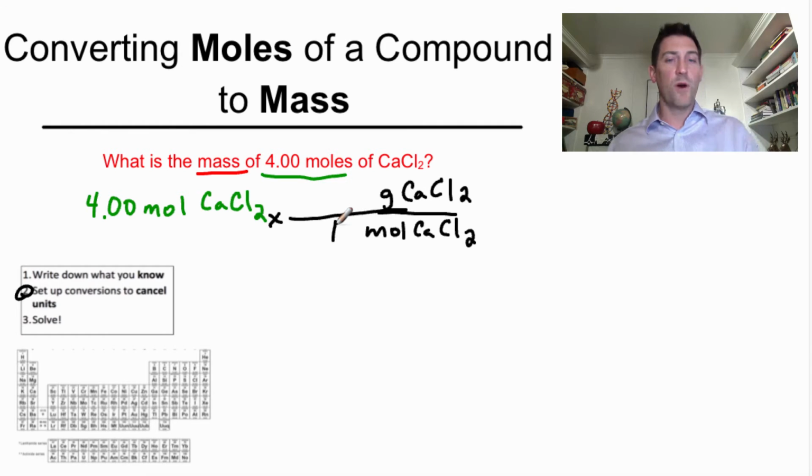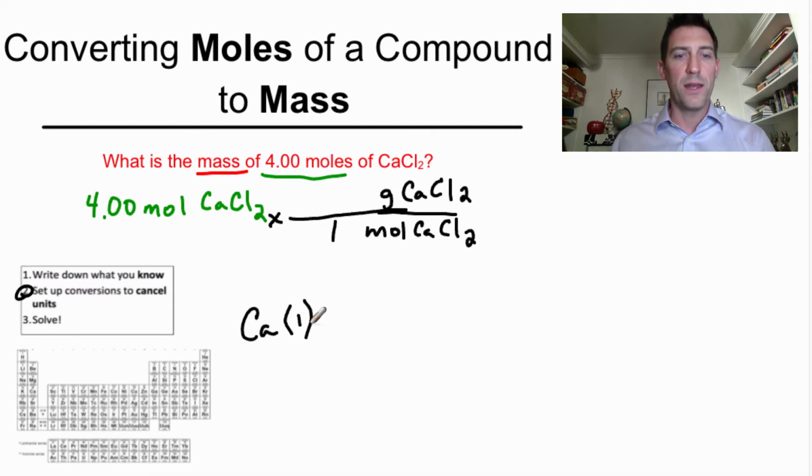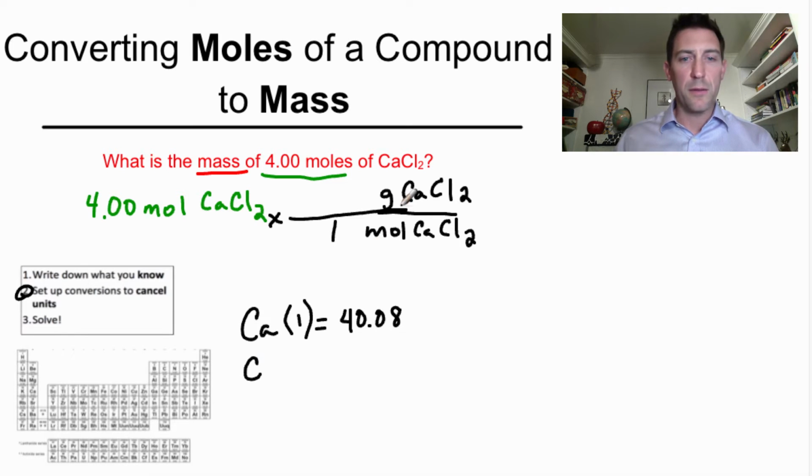Well, the mass of 1 mole is just the mass of all of those elements together. So let's add this up. I've got calcium. I'm going to put a 1 next to that to remind me there's only 1 calcium. When I look calcium up on the periodic table, it's got a mass of 40.08. Chlorine, getting this from right here, CaCl2, I've got 2 chlorine, and each chlorine has a mass of 35.45.